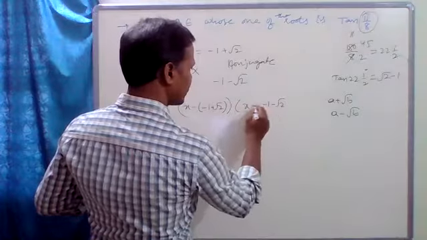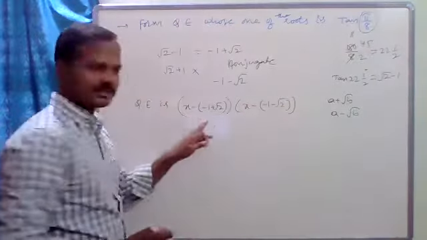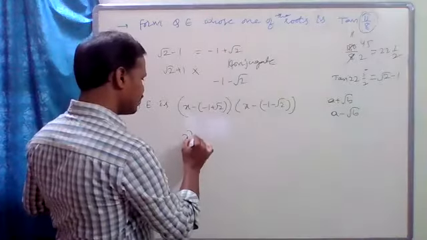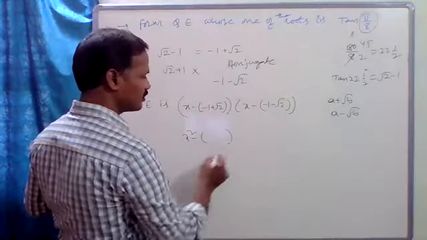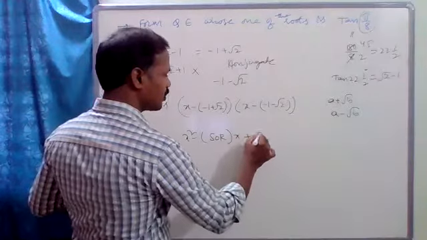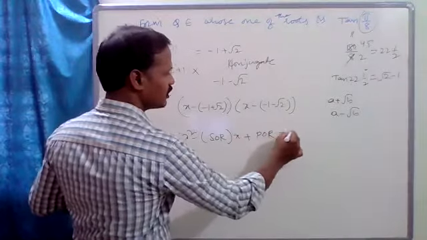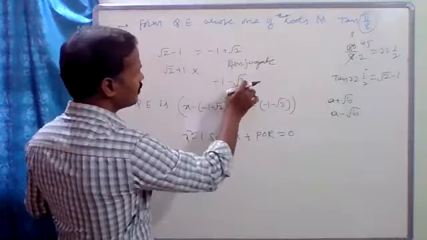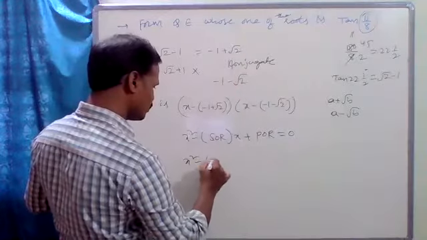That is x minus alpha into x minus beta. Otherwise, x square minus sum of the roots into x plus product of the roots equal to 0. What is the sum of the roots? Minus 2.